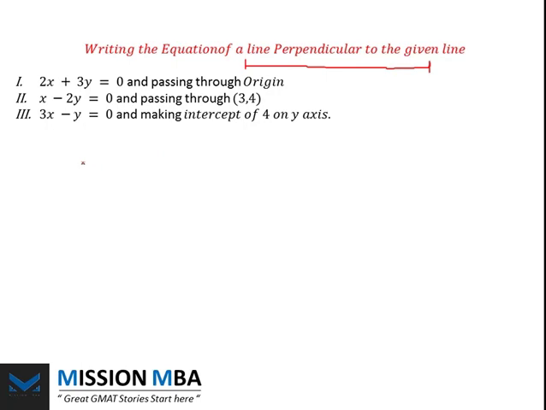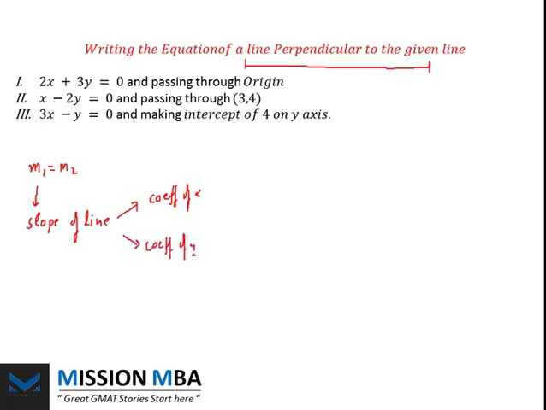Now, in the previous session, we have learned that for parallel lines, you have m1 equals m2, where m is nothing but the slope of the line. And you have learned that the slope of a line is nothing but a number which depends upon the coefficient of x and the coefficient of y.